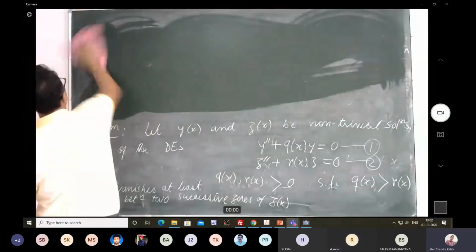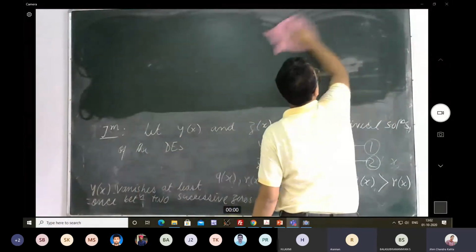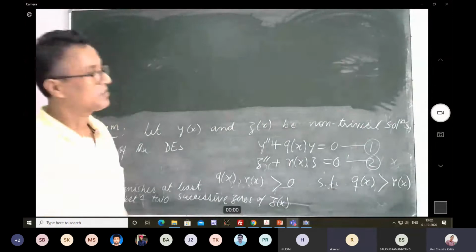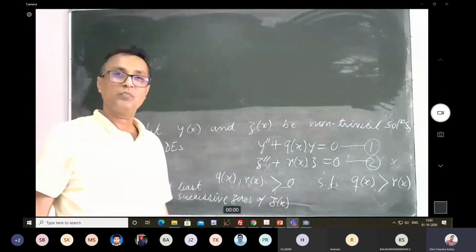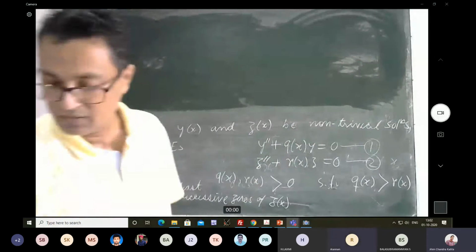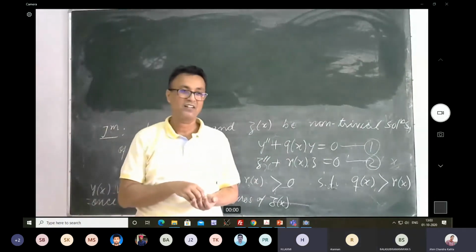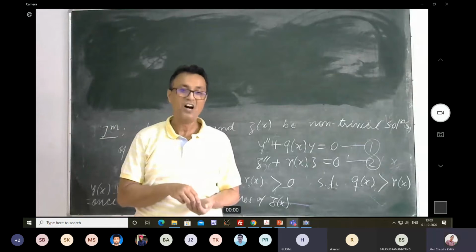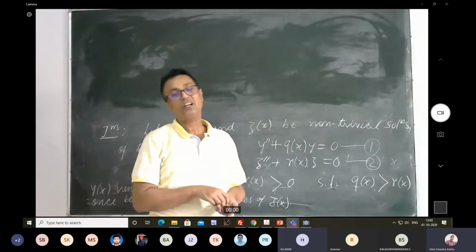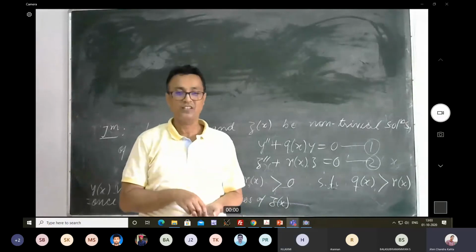Tell me whether you find some similarity between this theorem and some theorem that we have already learned. If y1 and y2 are two linearly independent solutions of a differential equation, then the zeros are alternate. Zeros occur alternately, right?